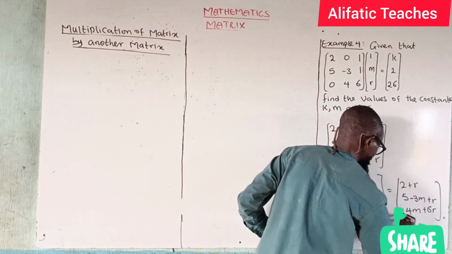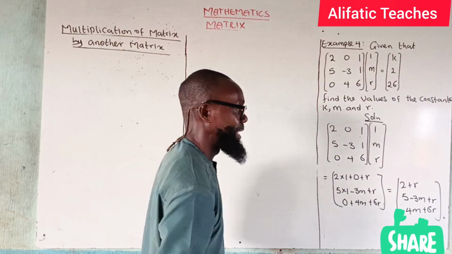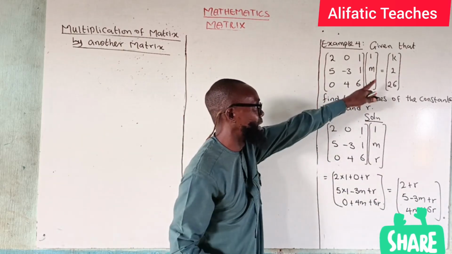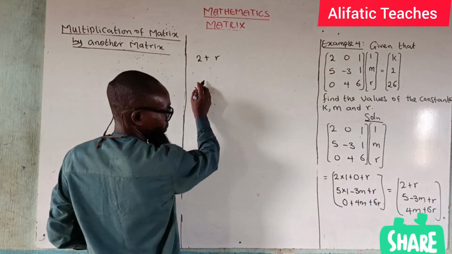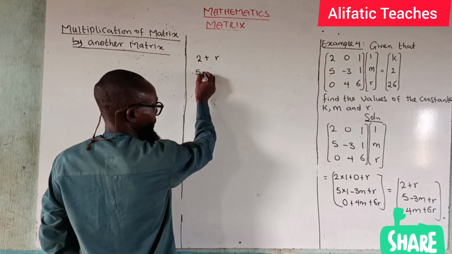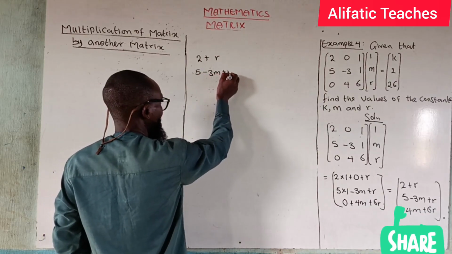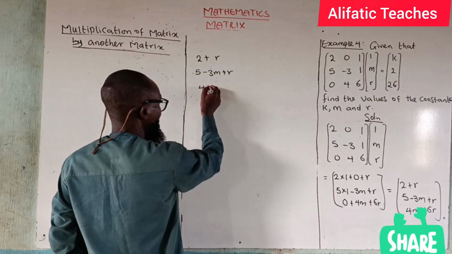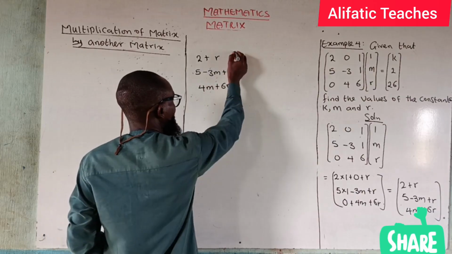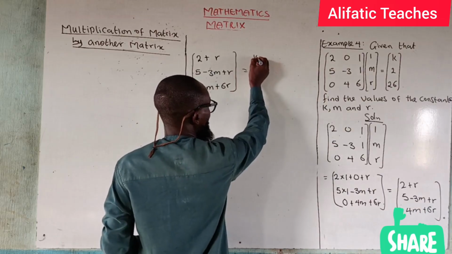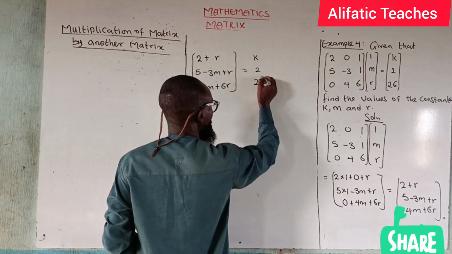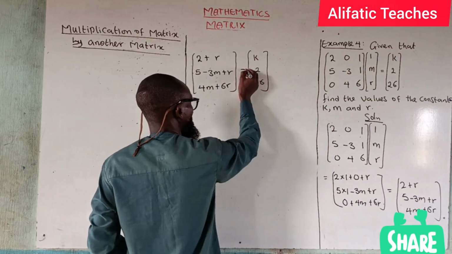So which means that the multiplication of this gives me that. Then I will now equate it to the last one. Meaning 2 plus r, 5 minus 3m plus r, 4m plus 6r. That is the matrix I got. It should now equal to k, 2 and 26. Now this is a sign of equal to.